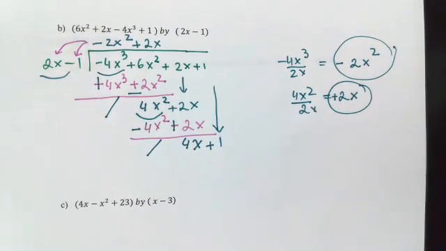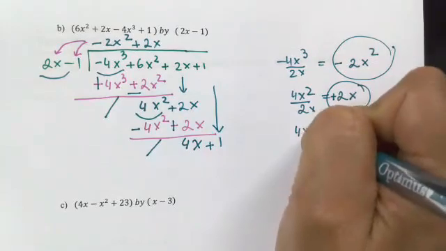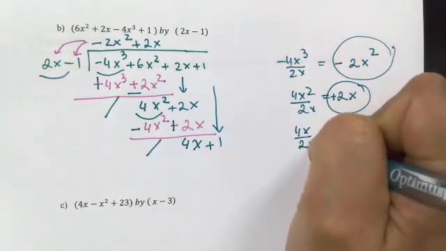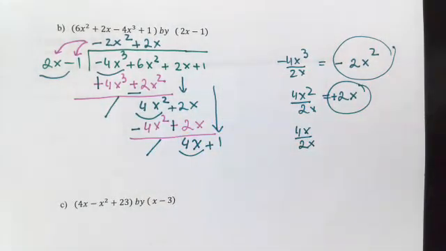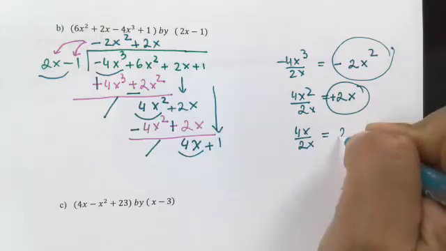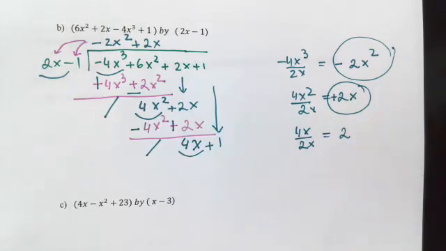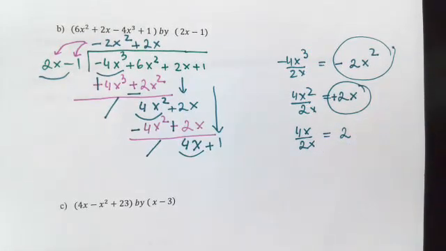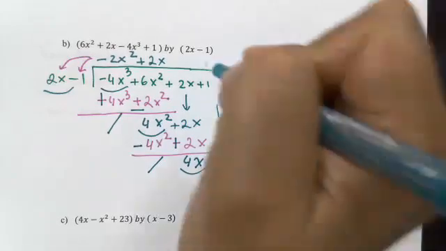And last algorithm. 4x divided by 2x. Side calculation, these can happen in your mind if you can reach that level. We have 2, x divided by x is 1, so nothing, no variable anymore, so plus 2.